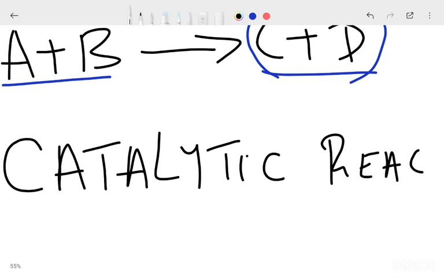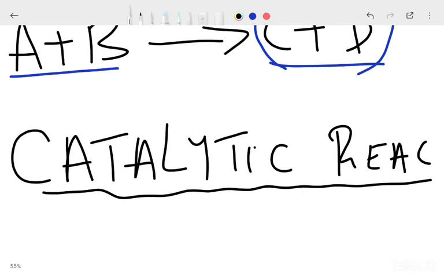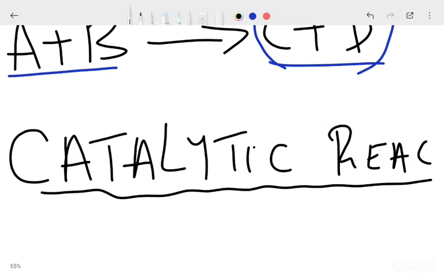Just complete the spelling. Catalytic reaction. Okay. Now let's discuss this particular one, and this one is very very important.